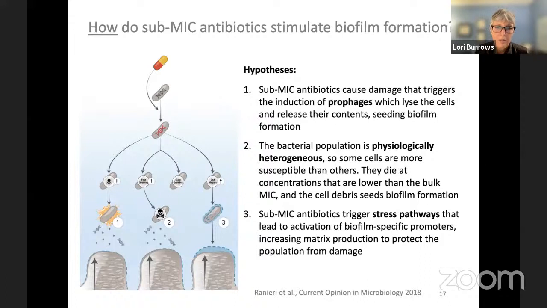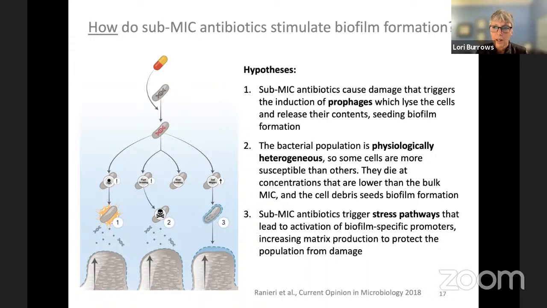So one of the things we're studying in my lab is how do you connect sub-MIC antibiotic exposure to more biofilm? So what is the pathway that's happening in the bacteria that leads to more biofilm formation? And it's a complicated process, as you can imagine, right?